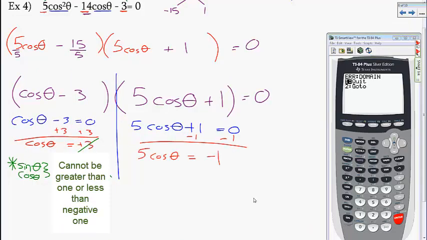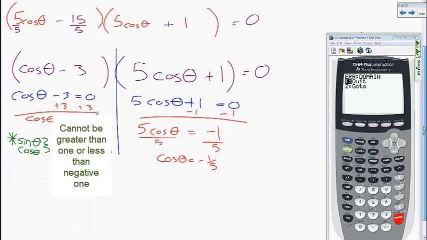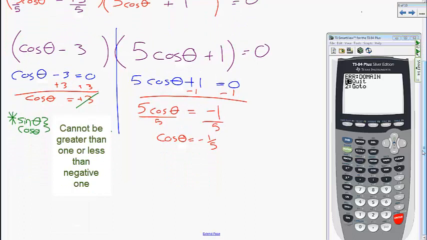On the right, we solve as we did in example 3. Isolate your function of theta, and you should get a result, cosine theta equal to negative 1 over 5. Now draw your quadrants, and notice that the cosine of theta here is equal to a negative value, meaning that the angles which will satisfy my original equation will be in quadrant 2 and 3, where cosine is negative.